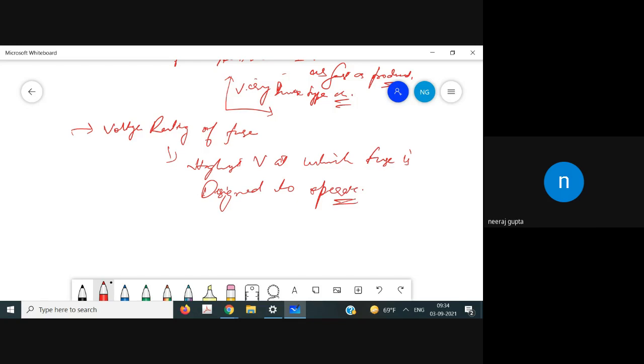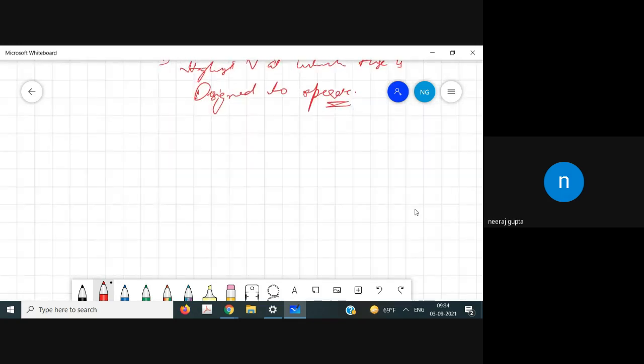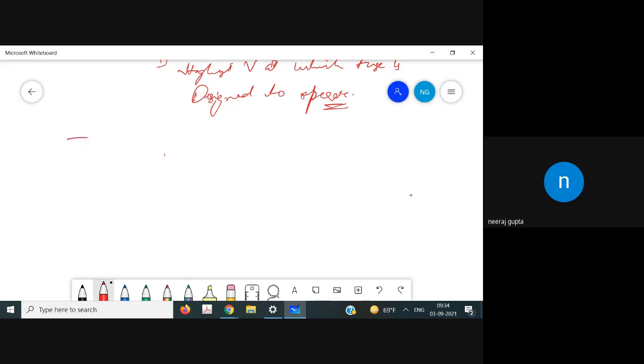Now we will discuss the types of fuses. What are the different types of fuses that are available? Fuses can be categorized as non-current limiting type, and then we will have the current limiting type.